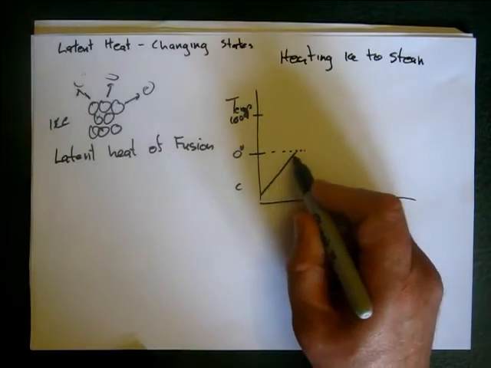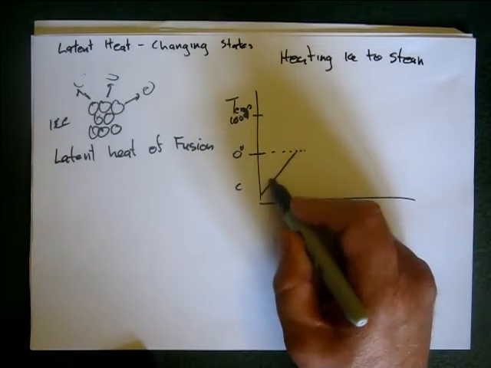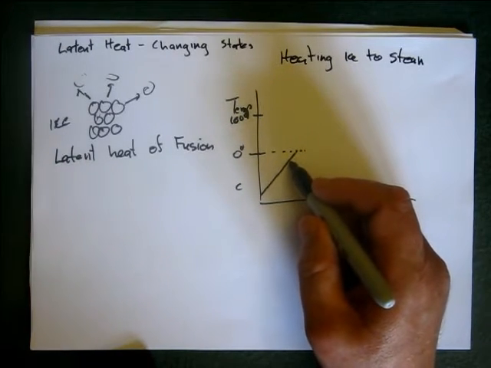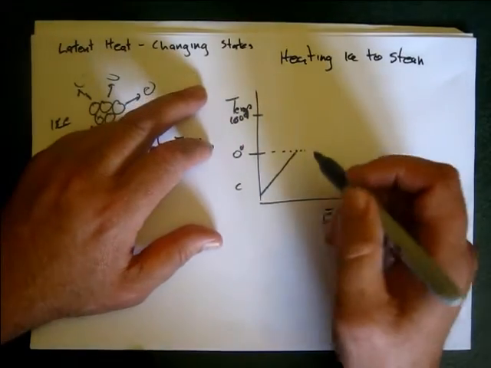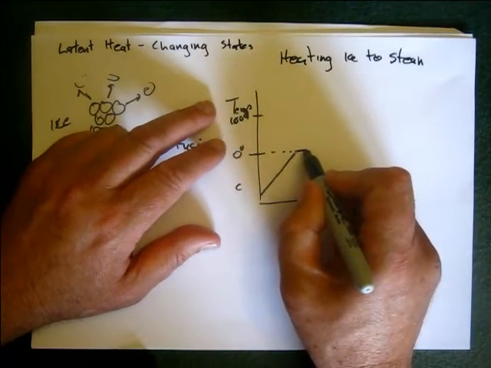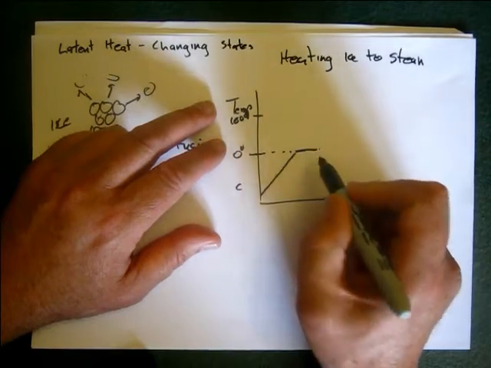And this slope here, by the way, is related to the specific heat of the ice.